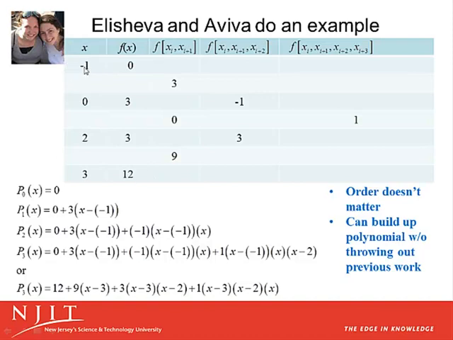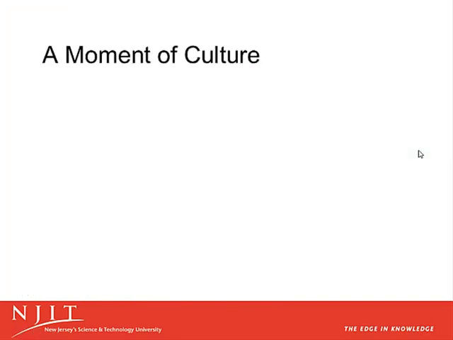We didn't have to list the points from the lowest to highest or highest to lowest. We can mix them up and we'd still get the same polynomial. So the order doesn't matter. And if we added another point, then the other values that we've gotten in the table will still be fine, and we just have to find another entry in each of our columns, and then we'd have one more column to build up the fourth degree polynomial.